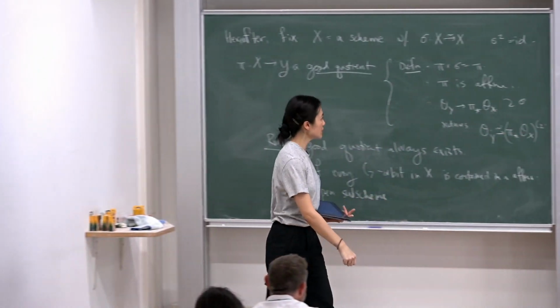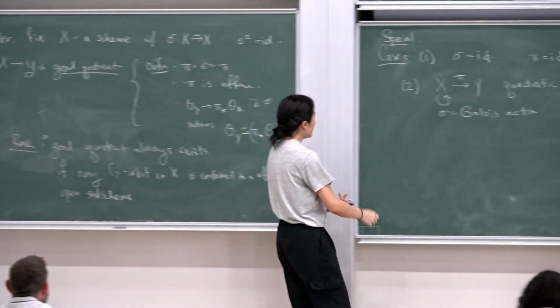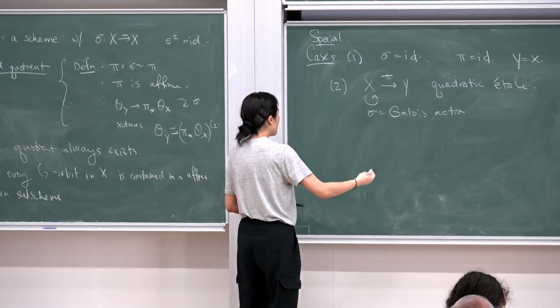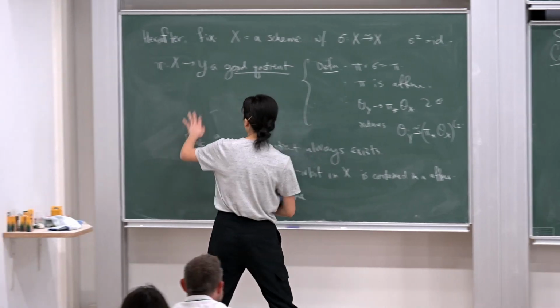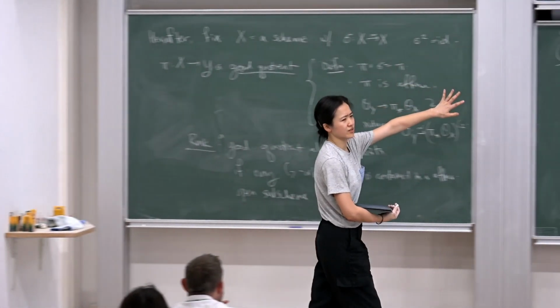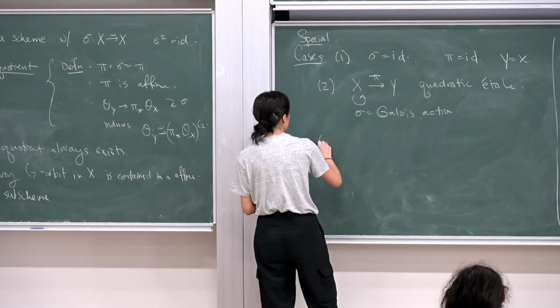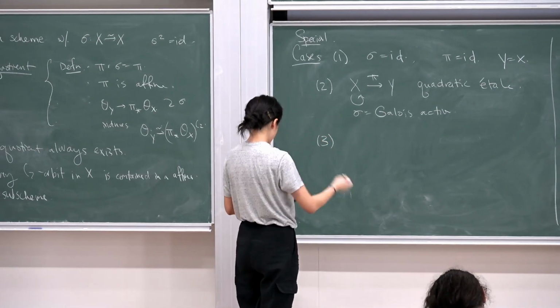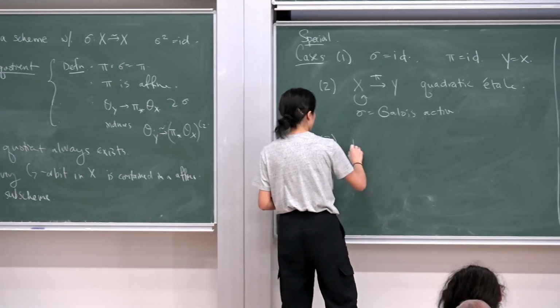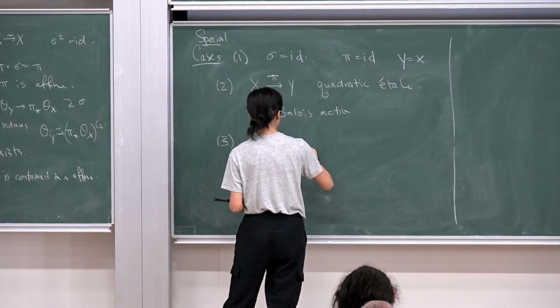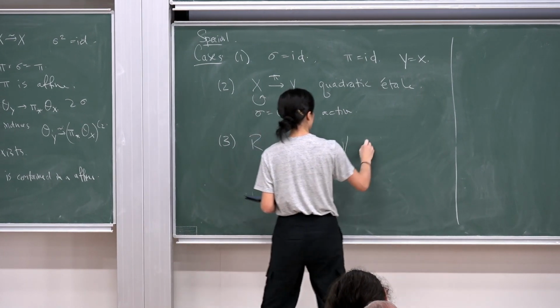All right, and in general, a good quotient is going to look like a sort of mix of these two special cases. We have a free action, we have a trivial action. Let me just sketch out, so if R is a commutative ring, there's a C2 action.